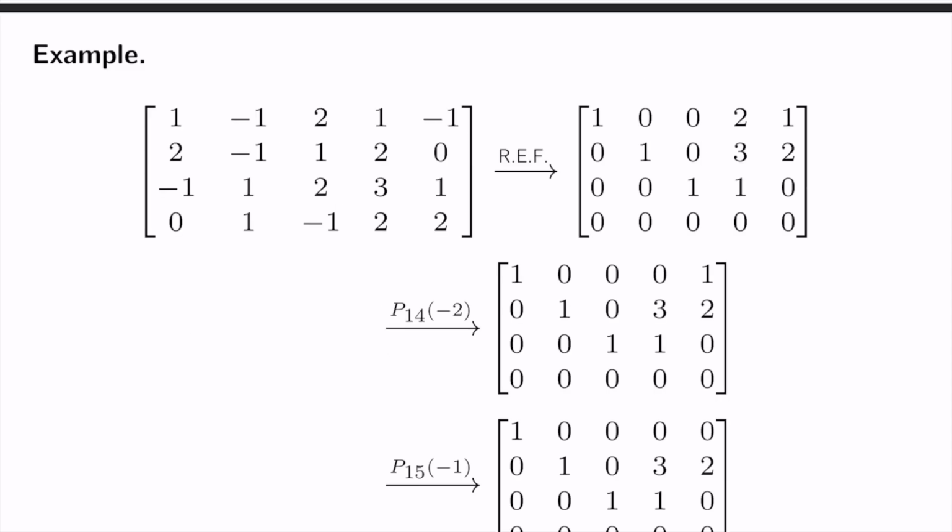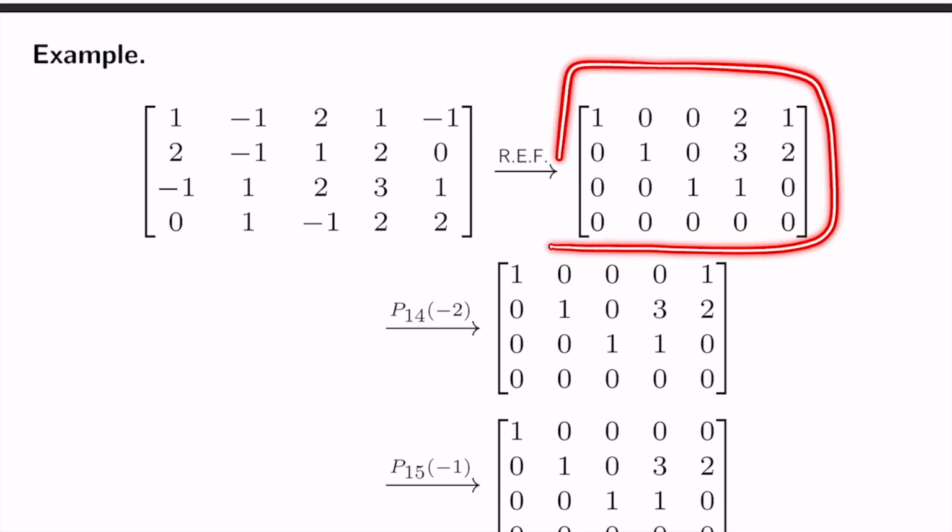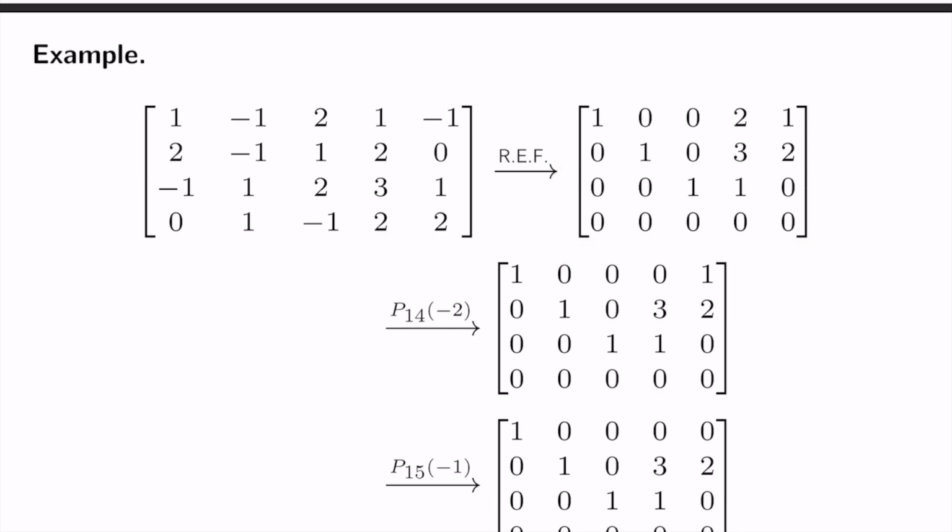Now let's see one example. Consider this matrix. By applying a series of elementary row operations, we can obtain this reduced echelon form. So applying elementary row operations means multiplying elementary matrices from the left.